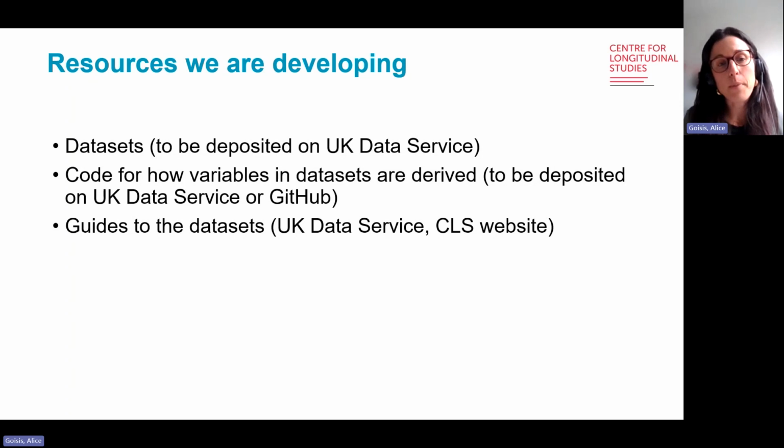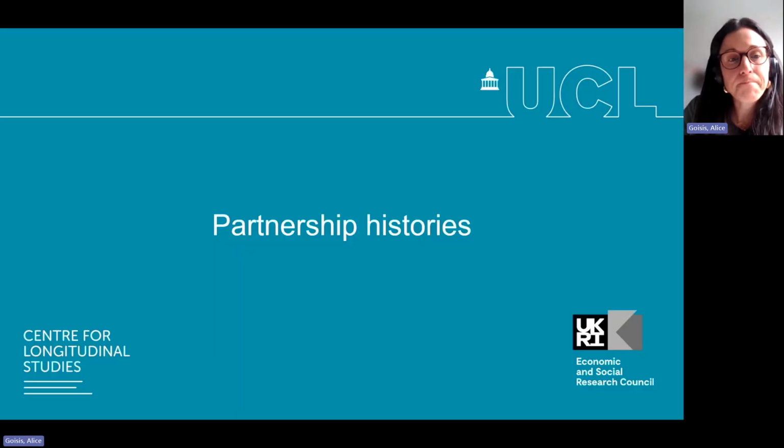And the code will be deposited on the UK Data Service or on GitHub or other websites for sharing code. And finally, we are developing guides or manuals around these data sets explaining how we created the variables, how we derived them, discussing limitations, and so on. And this will also be available on the UK Data Service and on the CLS website.